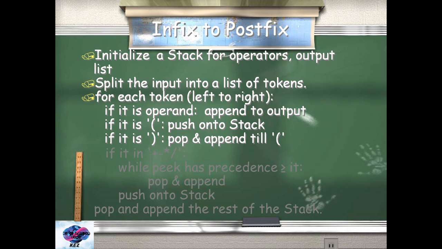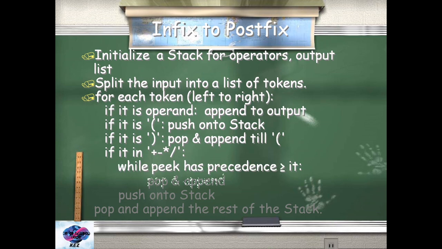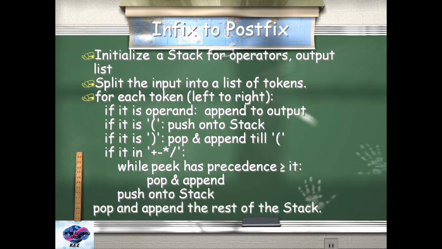Now come to the infix to postfix algorithm once again. Just go through it. If you want, you can write it down and copy it in your exercise book, and if you can get this very well, then we think you don't need to.